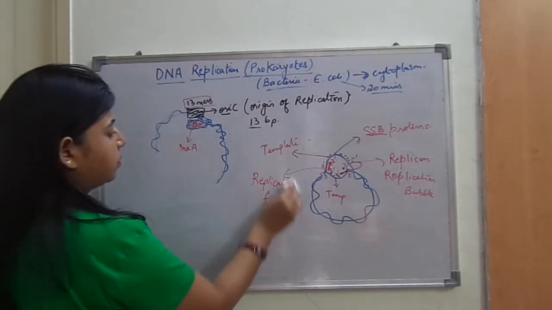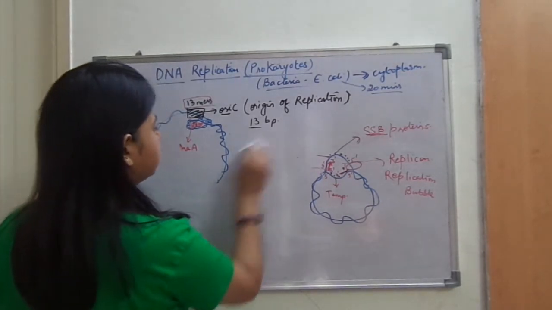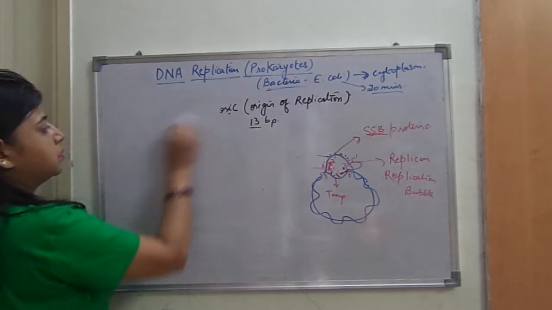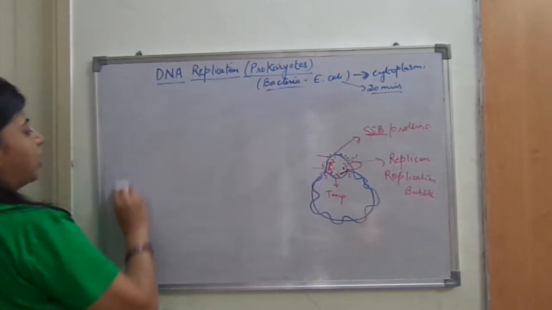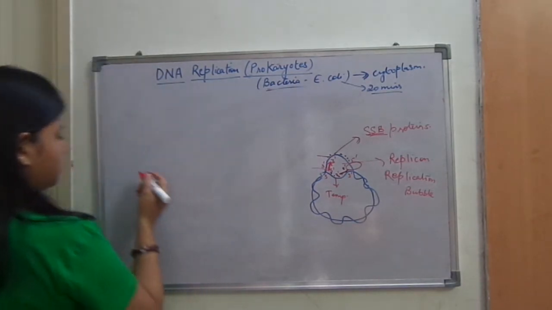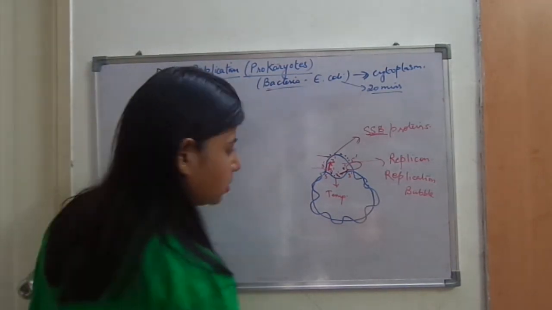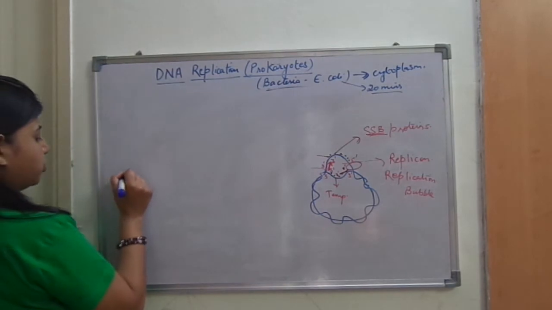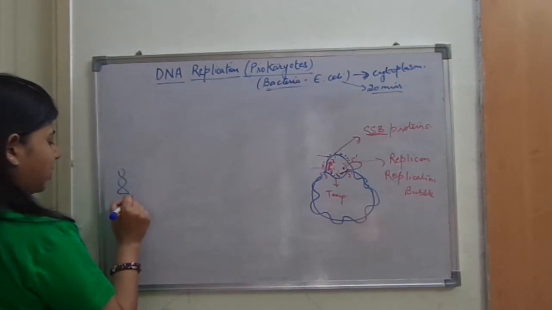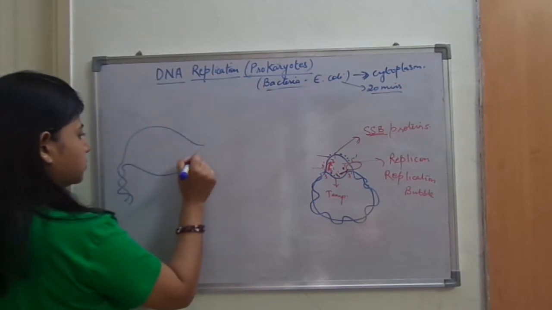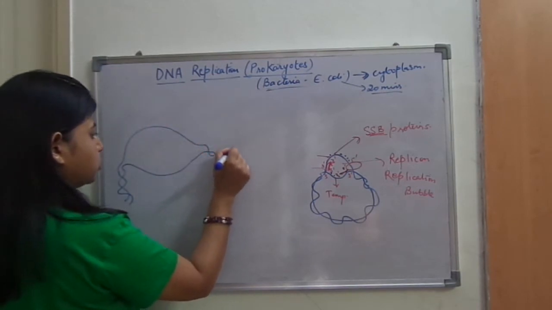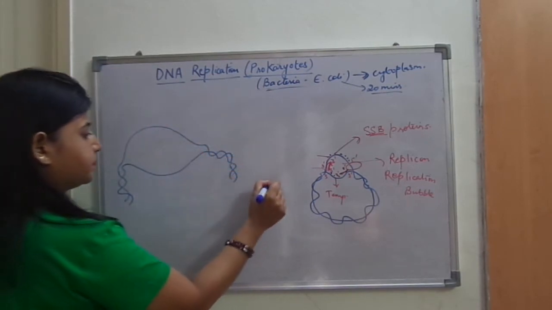In the next step, what happens? Now I draw only this replication bubble portion. Let it be like this. This is the position, right?